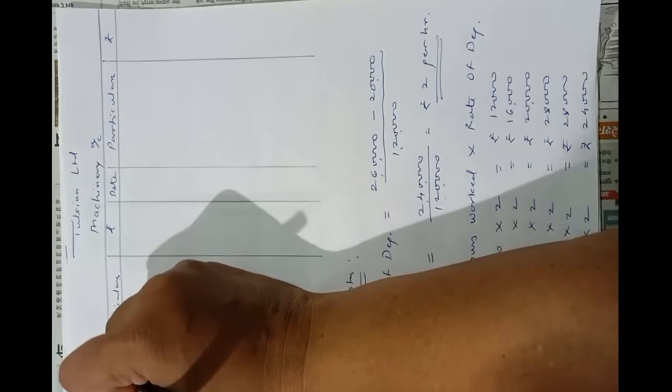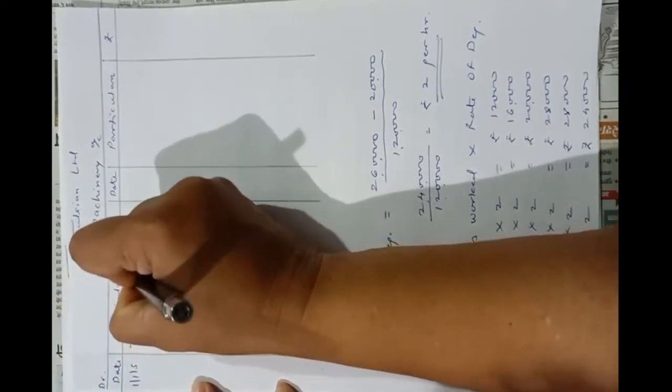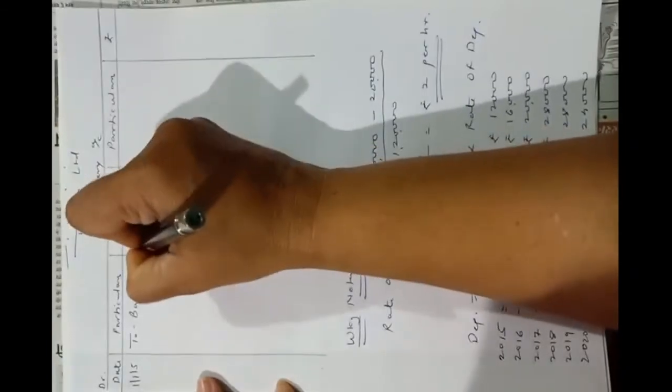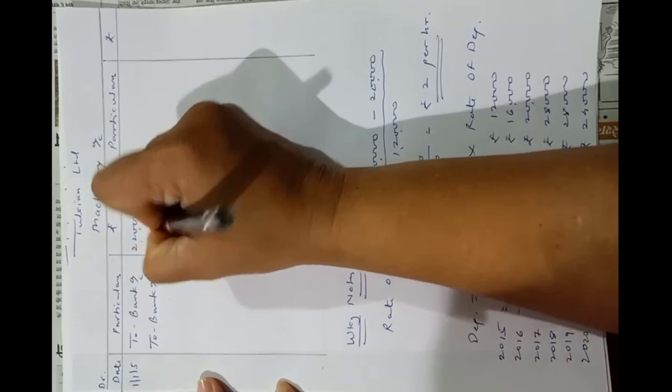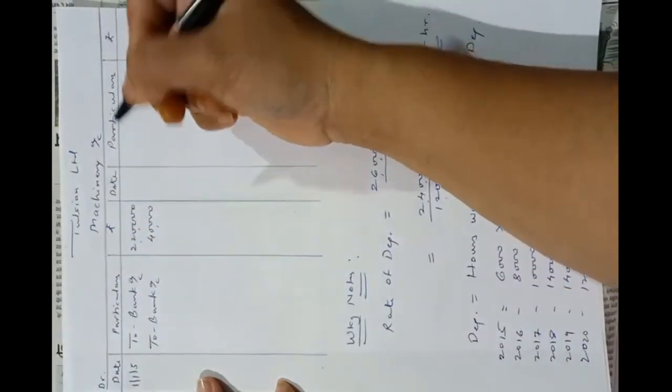On 1st January 15 to bank account, they have purchased machinery for rupees 2,20,000 and spent erection charges etc. rupees 40,000. So total cost of machinery will be rupees 2,60,000 in this way.